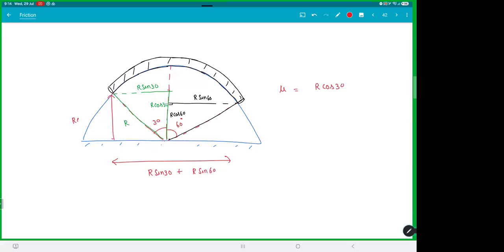This height is r cos 30 by r cos 60. Just dump that in the formula and you're done. You don't need r, r will get cancelled. Simplify this, you will get root 3 minus 1 by root 3 plus 1. You can simplify further and you'll get an answer. 15 degrees, it seems.